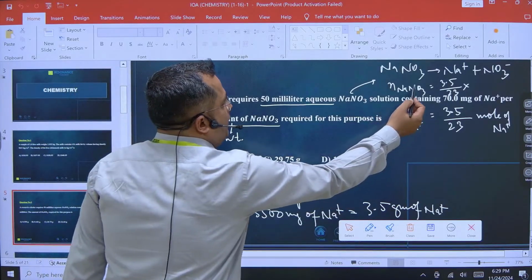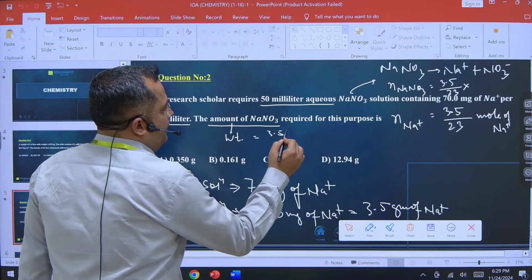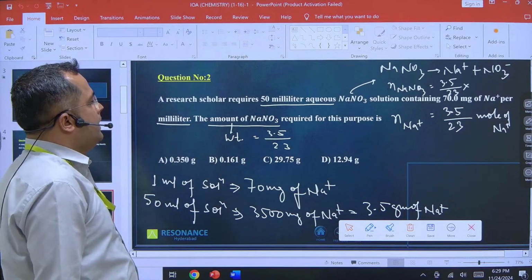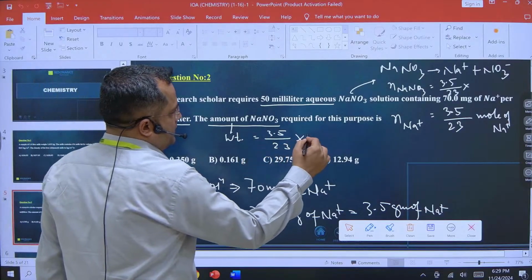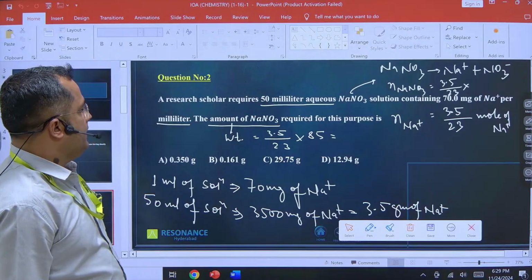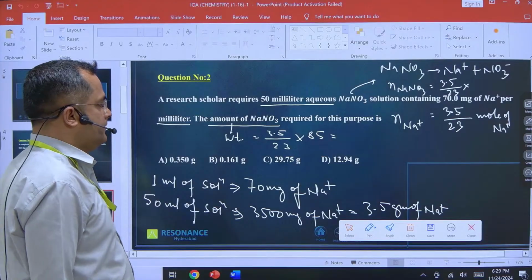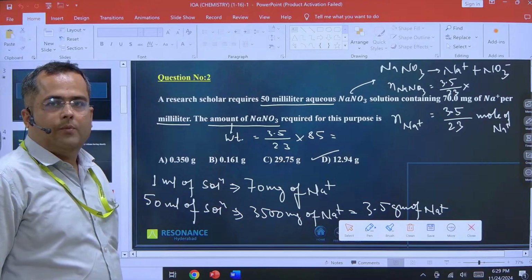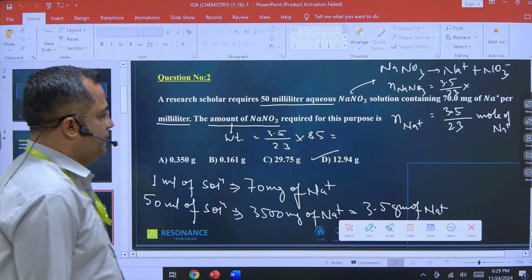So weight of NaNO3 will be 3.5 upon 23, and the molar mass of NaNO3 is 85. Yes, 85. From here we can calculate the weight of NaNO3 required. I think it will be equal to option D. 12.94 is the correct answer. Okay. So moving to the next question.